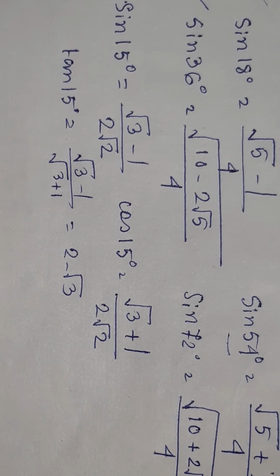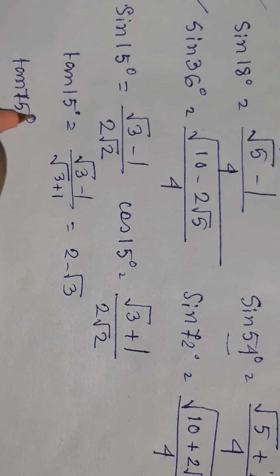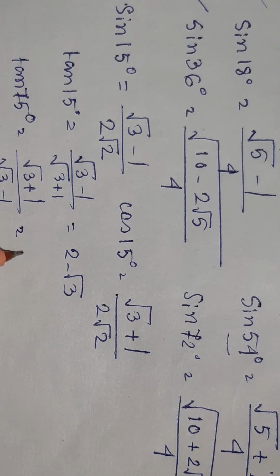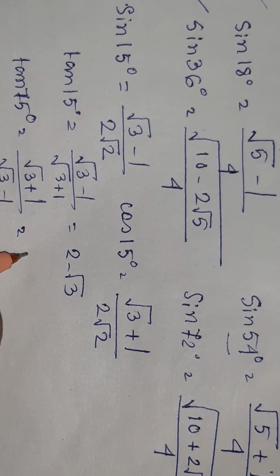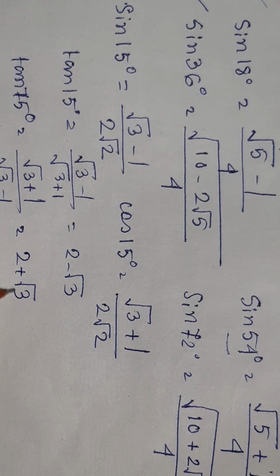What is tan 75 degree? It is simply cot 15 degree, which is equal to root 3 plus 1 by root 3 minus 1, and if you simplify this, it gives 2 plus root 3.